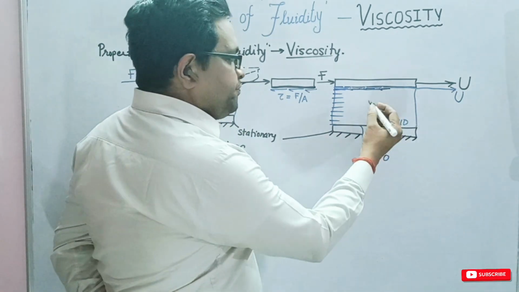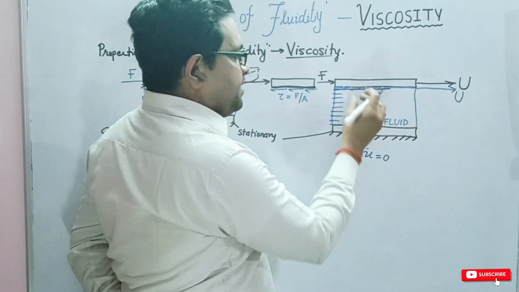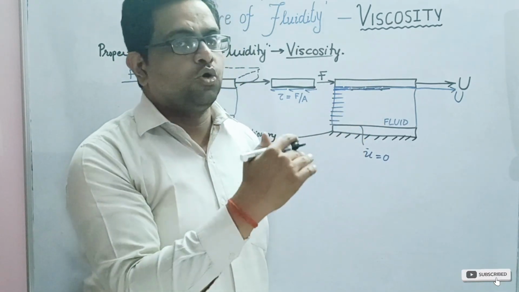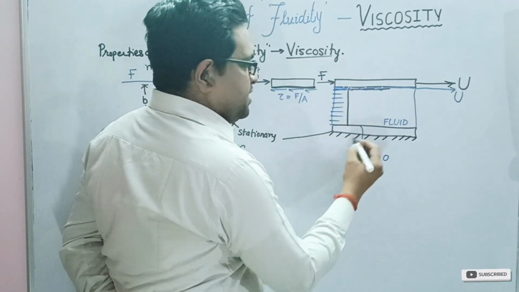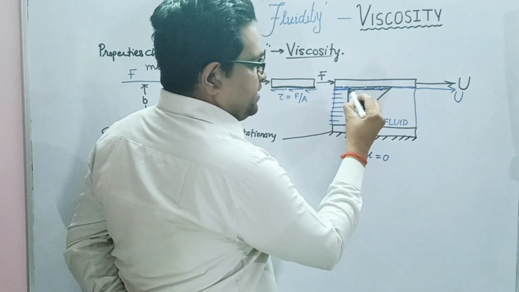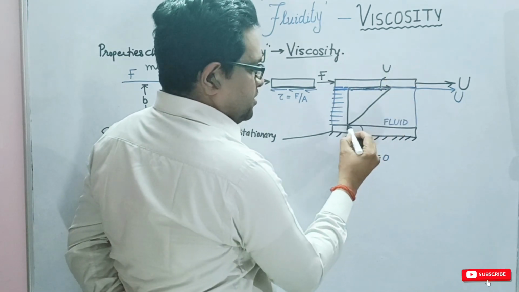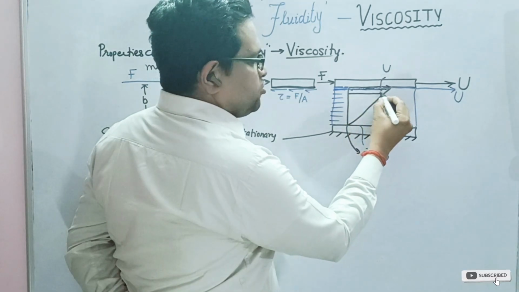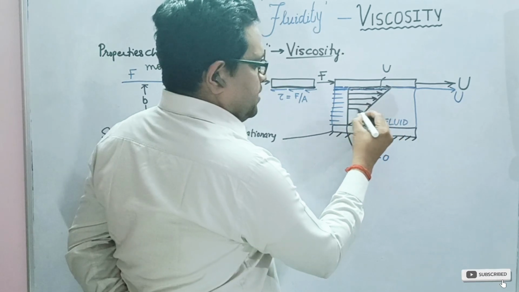If we move downwards from one layer to another, the resistance will go on increasing, and we will get a velocity gradient, or velocity profile, wherein the topmost layer is moving with velocity capital U and the bottommost layer with velocity 0. This may be represented by a velocity triangle.